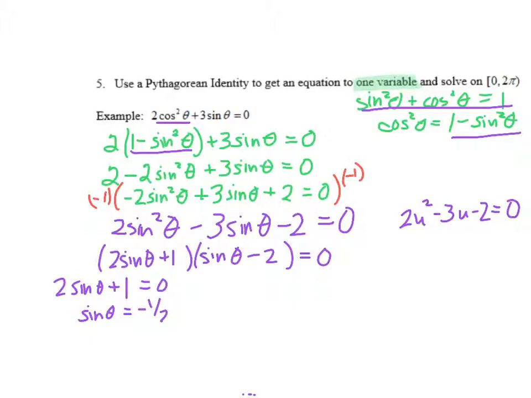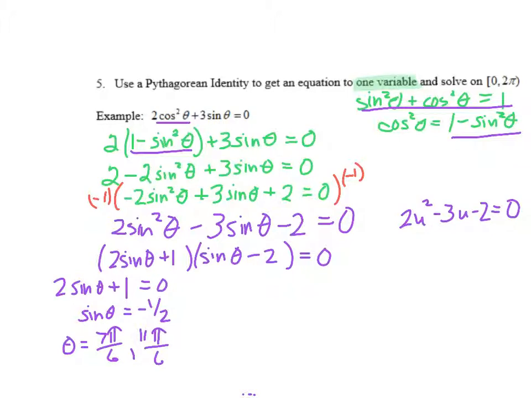Then we know sine of 30 is a half, so we're talking about pi over 6, but we have negative, so we're talking about quadrants 3 and 4. So theta will be, quadrant 3 is just over pi, so it will be 7 pi over 6. And then 7, 11, you'll have your 11 pi over 6 in quadrant 4.